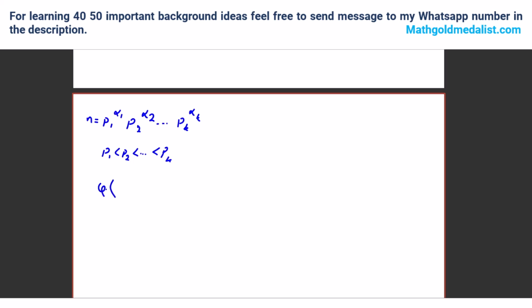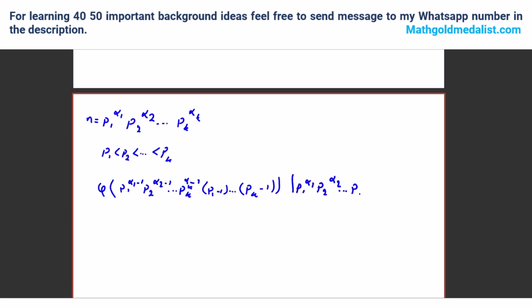Phi of n is what? P1 raised to alpha 1 minus 1, p2 raised to alpha 2 minus 1 until pk raised to alpha k minus 1 times p1 minus 1, p2 minus 1 until pk minus 1. Exactly. And then phi of n divides p1 alpha 1, p2 alpha 2 to pk alpha k.